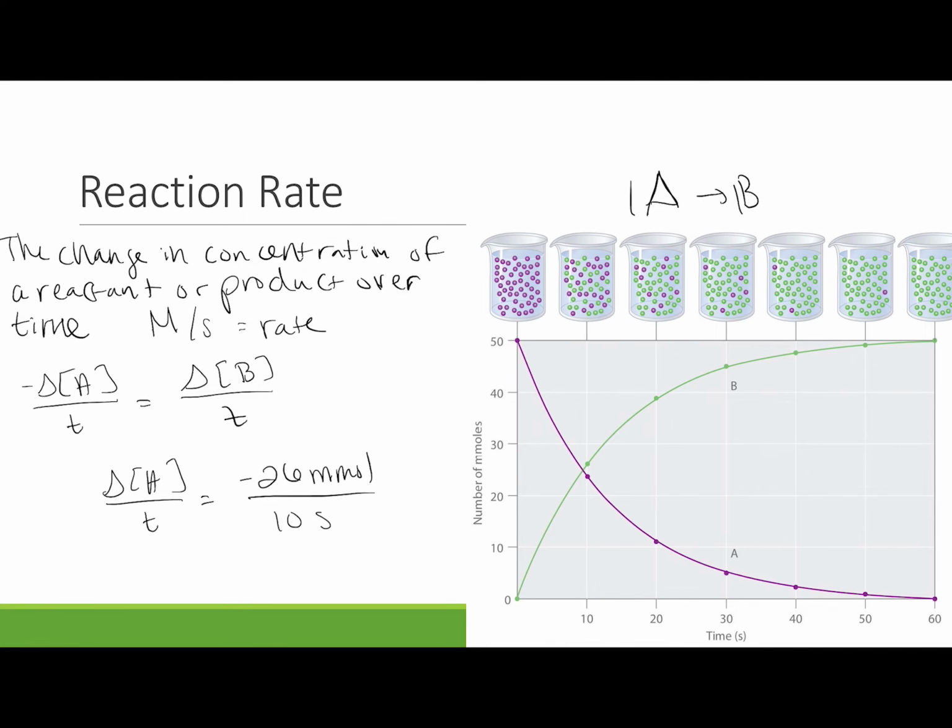And then if we look at that same interval between 0 and 10, our change in B over time would be equal to positive 26 millimole per 10 seconds. So because they are stoichiometrically equivalent, one is going to decrease at the same rate that the other one increases. We call this relating of each other a relative rate, so relating one rate based on the rate of another substance. So we can use these relative rate expressions to express the appearance or disappearance of any reactant or product.